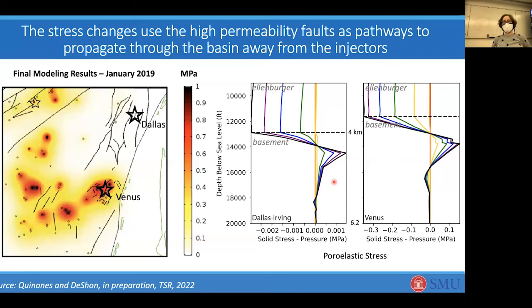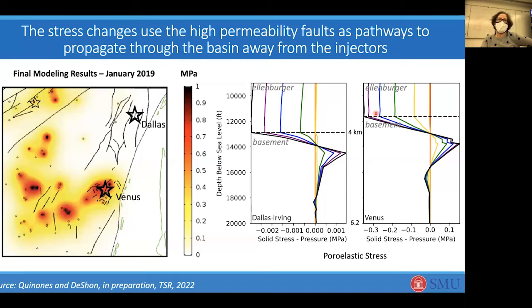And can you explain again why in Dallas Irving, the Ellenberger pressure goes down? So the Ellenberger, this is again just the poroelastic. The stress change from the diffusion would behave differently. They've been separated out in the calculation here. It's actually across the Ellenberger that the injection leads to a reduction in stress from poroelasticity, not just in the Dallas area.